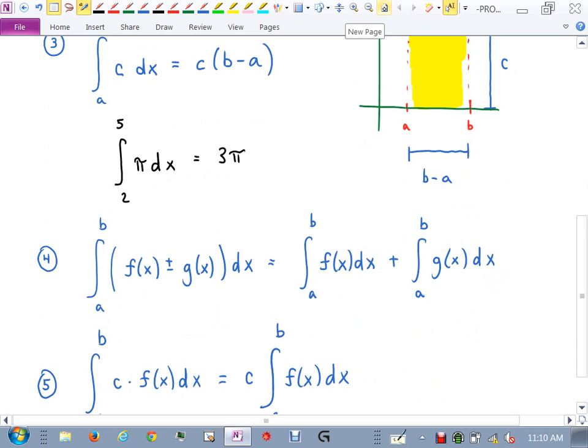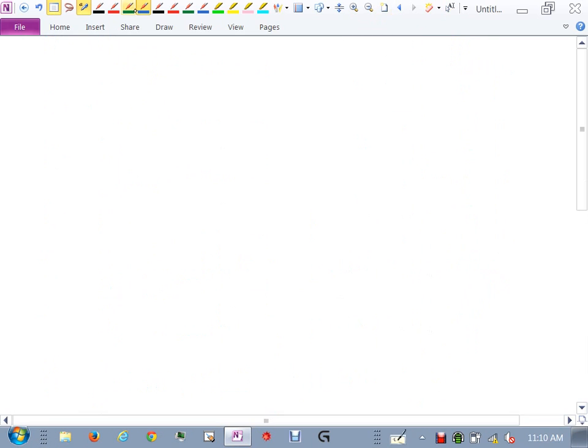The next one, the sixth property, says that if A is less than C is less than B, now I know that's not in alphabetical order, but just bear with me here, right? If A is less than C is less than B, so in a picture, here's what we'd have. Here's A, here's C, here's B, right?